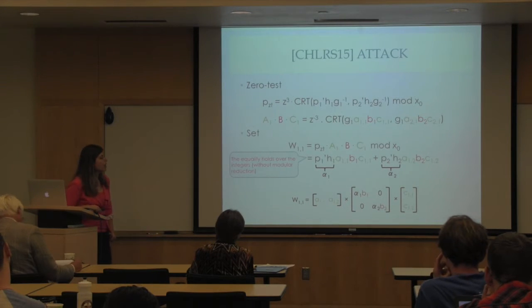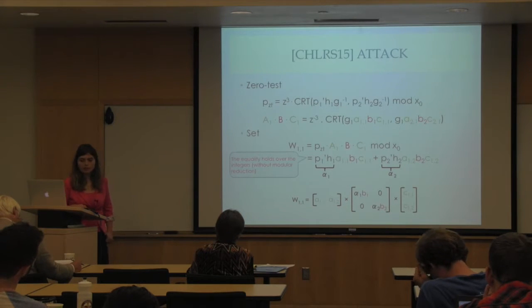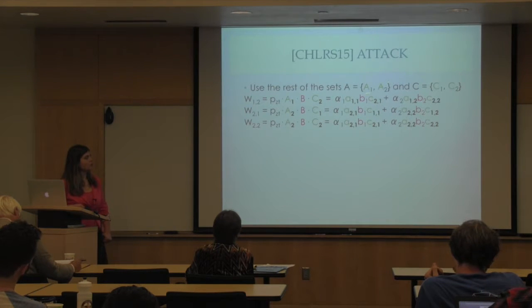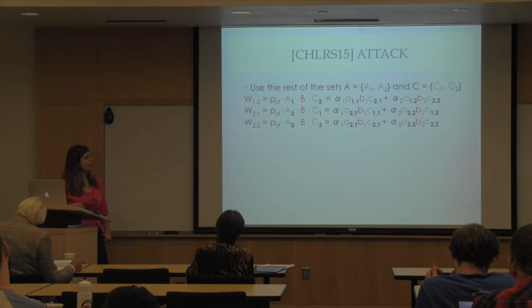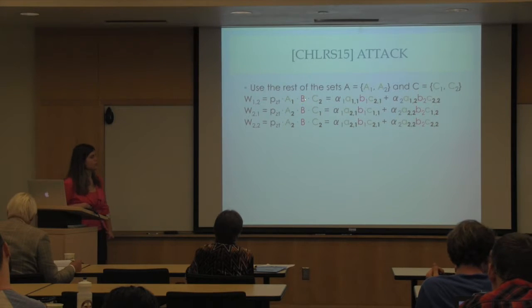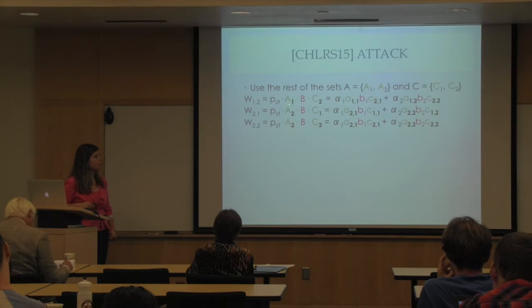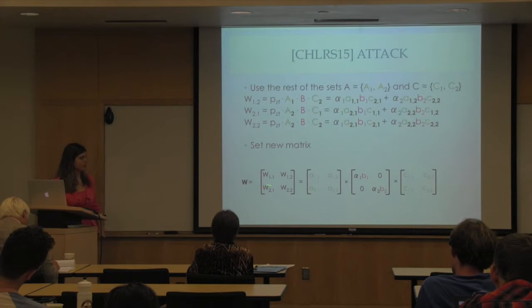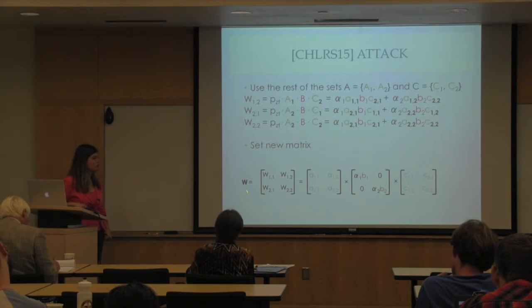Now we can do the same thing. We can apply the same zero test check using all the rest of the sets A and C, and the same encoding from the set B. So we will compute all possible triples with the same B and changing the two encodings in the set A and in the set C. Now, if we use the same representation for the values W that we had from before, we can again decompose this matrix W as a product of three matrices.